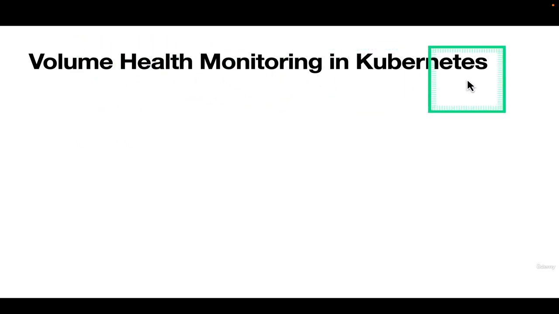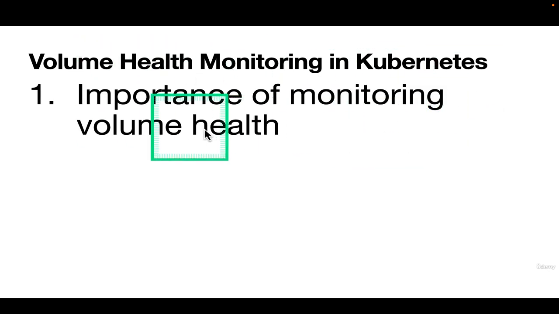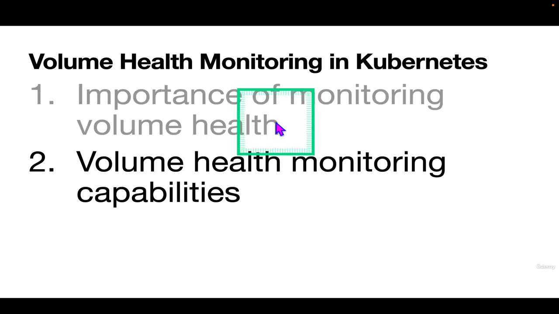Volume health monitoring in Kubernetes. Importance of monitoring volume health. Monitoring volume health helps detect potential issues early, preventing data loss and ensuring application stability. Volume health monitoring capabilities include checking for abnormal events, monitoring input-output errors, and verifying file system integrity.